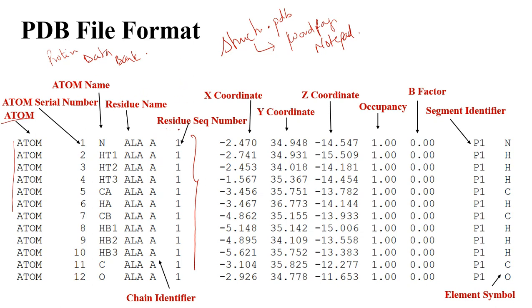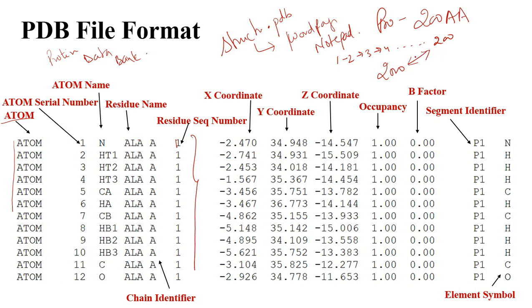Just look here, it is the residue sequence number. If a protein sequence contains 200 amino acids, it will go 1, 2, 3, 4 and so on up to 200. But the atom serial number might be 2000. So don't get confused, there is a difference.